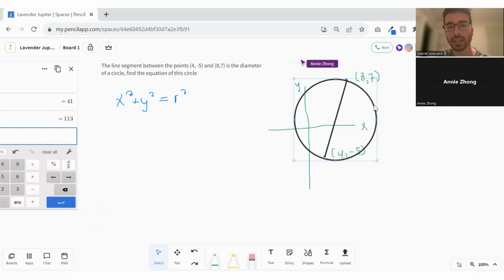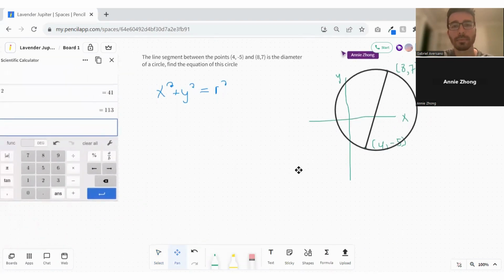A diameter has to go through the center of the circle. I'm going to balance it something like that. You'll notice that the center of the circle actually isn't at the origin. So that's why this original equation wasn't working for us.